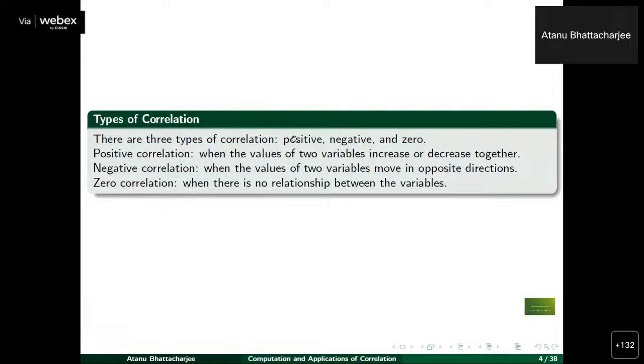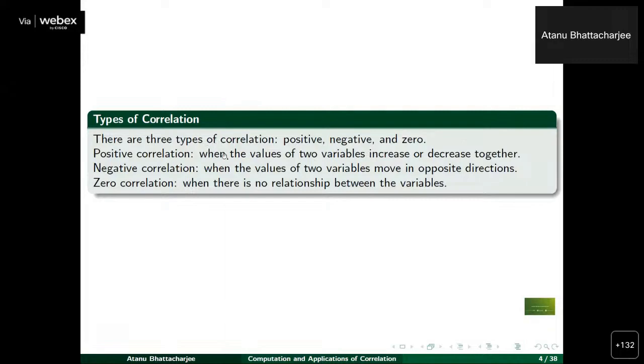Similarly 0.93 or 0.94 would be towards +1, so that will be positive. And if it is near to 0, like 0.022, 0.03, 0.04, all of these can be treated as near 0. I will show how these categorizations of the correlation threshold values can be done in later slides.